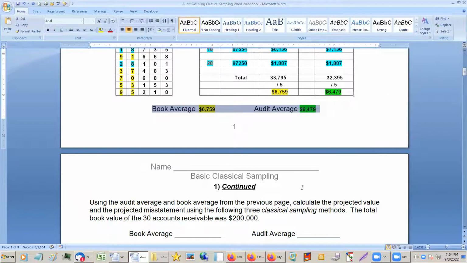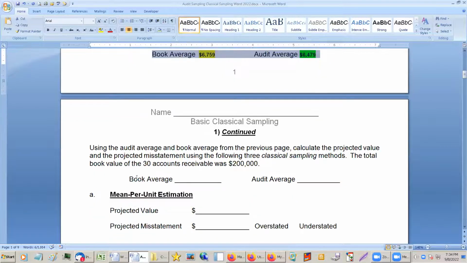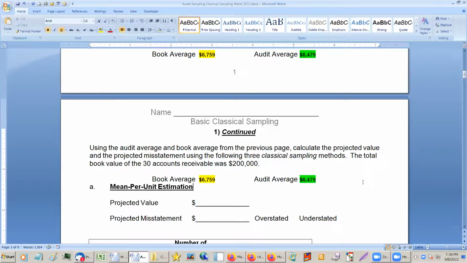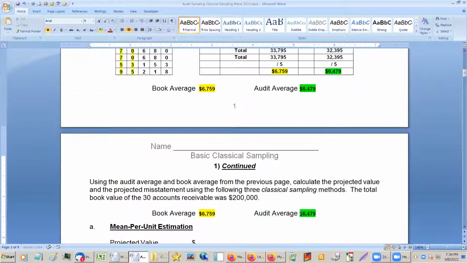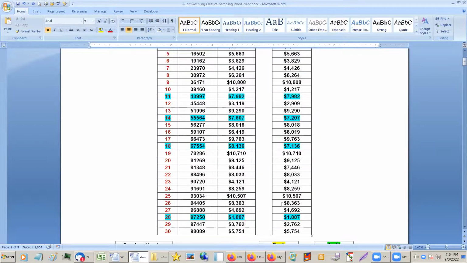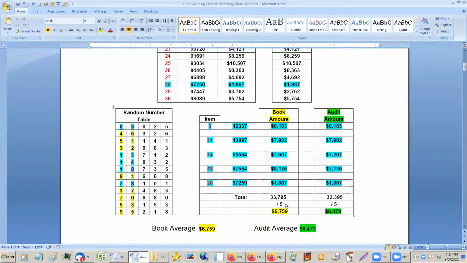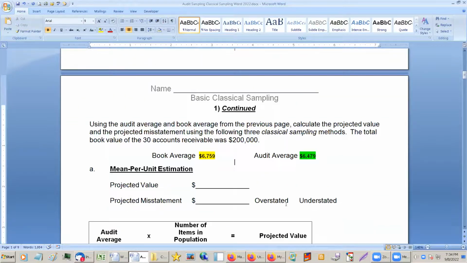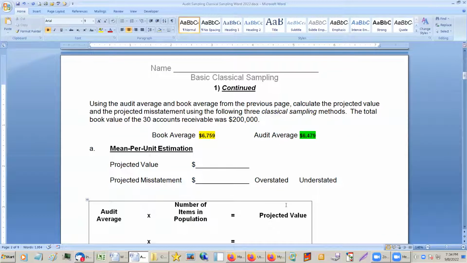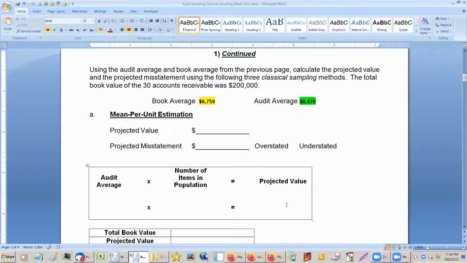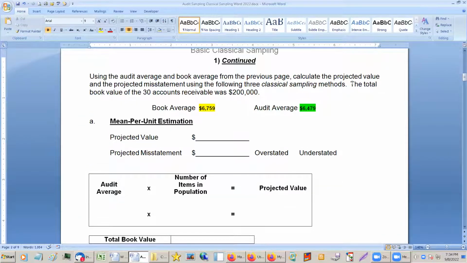Okay, so I'm going to copy these down here. And I'm going to copy 1 more or 2 more things down here. Oh, it's right here.